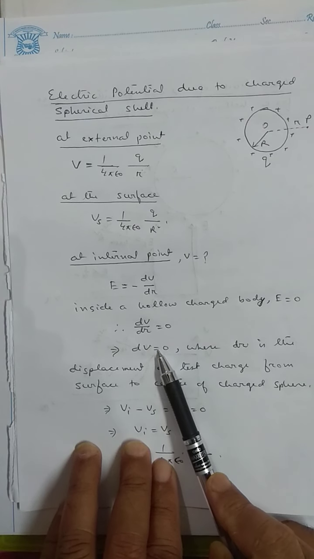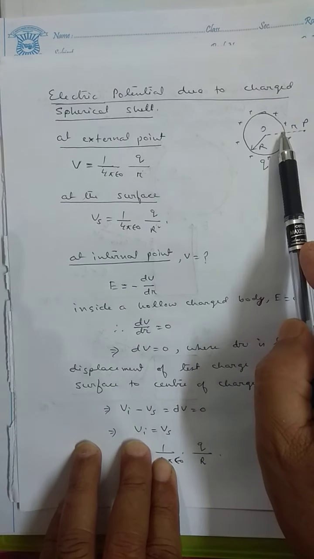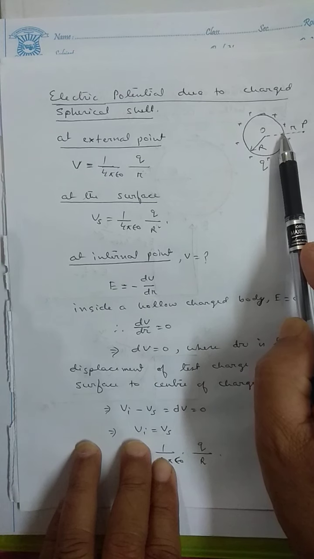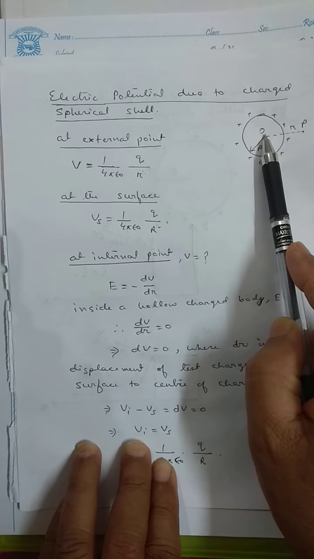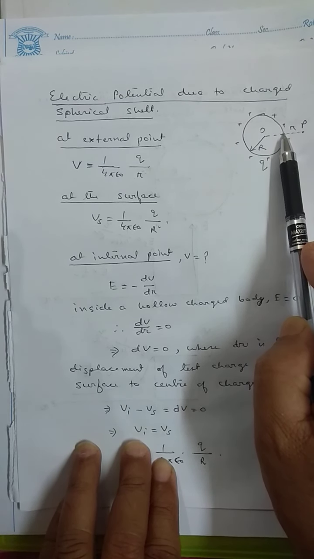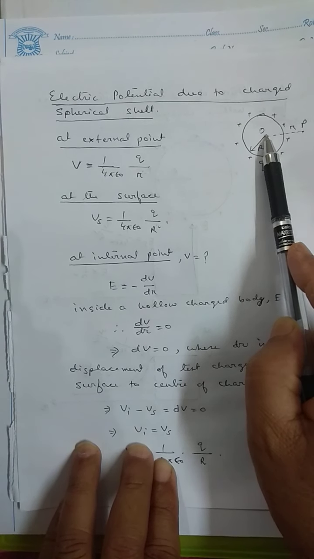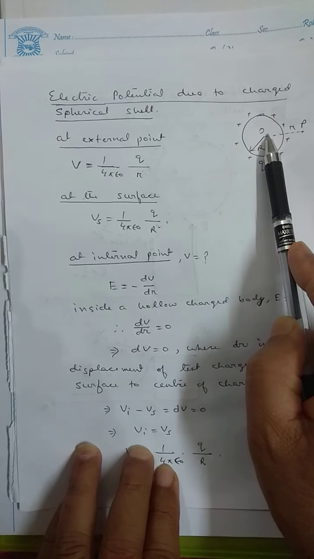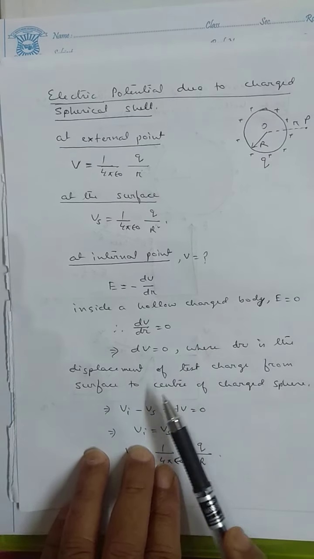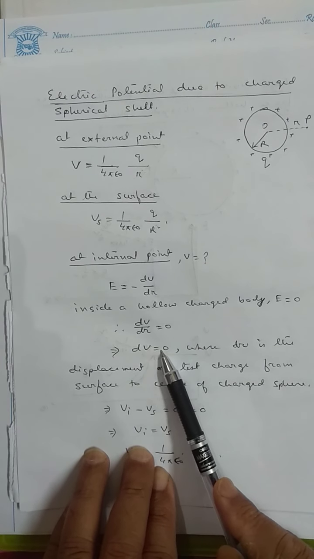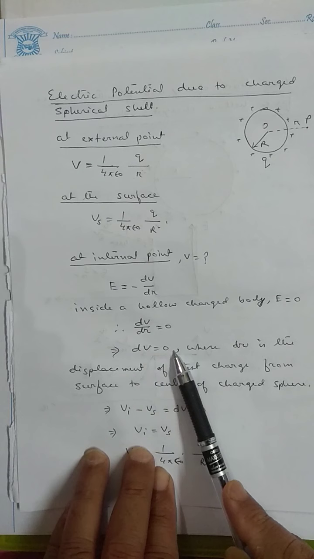What is dr? dr is the displacement from the surface to the internal point. When I move the test charge from the surface to the internal point, the displacement is dr. During this displacement, there should not be any change in potential. Therefore, dV is 0.